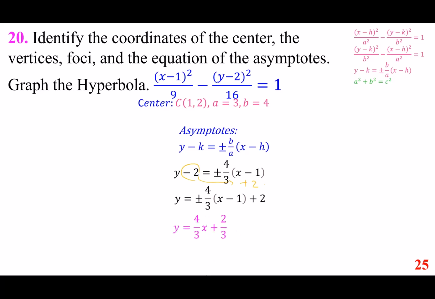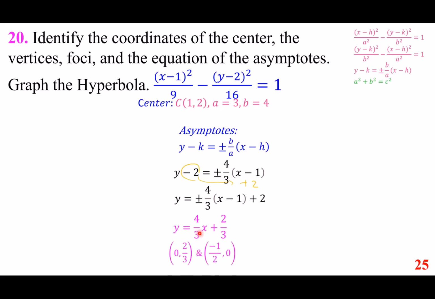And if you go with plus 4/3, this is one equation. If you go with negative 4/3, there is another one. And this, you can easily see that we want the intercepts for the sake of graphing. So we have 0, 2/3, and if you set this one equal to 0, x becomes negative 2 over 4 or negative 1/2.